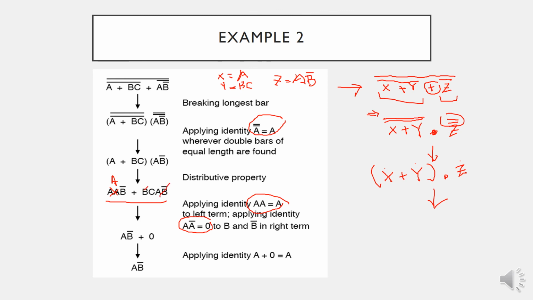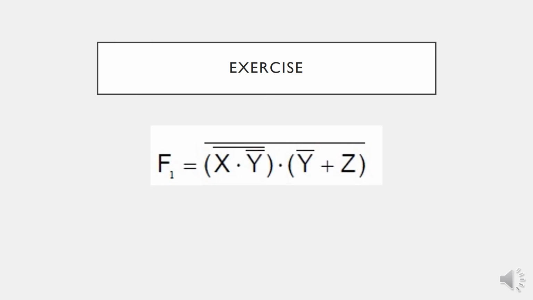So this makes the whole term become 0. Then we apply another identity rule: A or 0 is equal to A. So A B bar or 0 will become A B bar. Alright, so this is how we apply DeMorgan theorems to a Boolean expression.